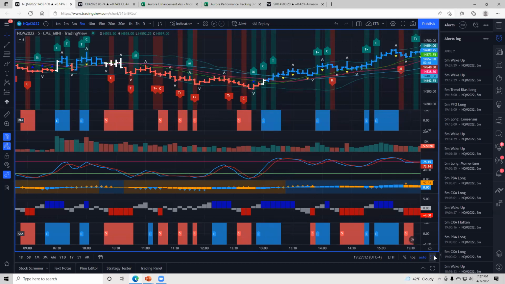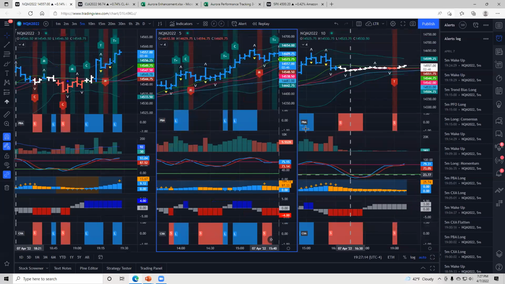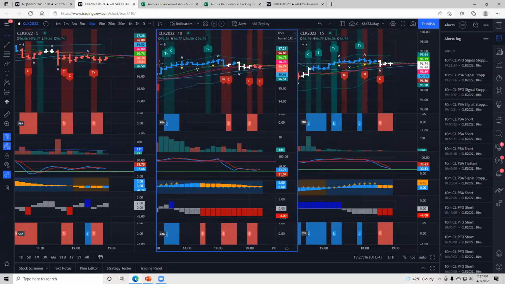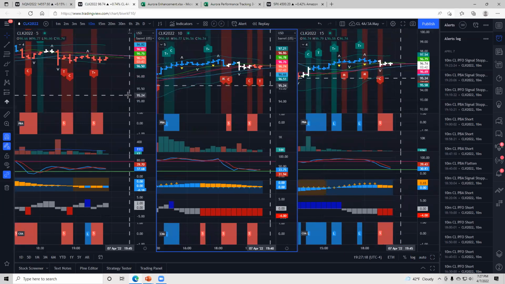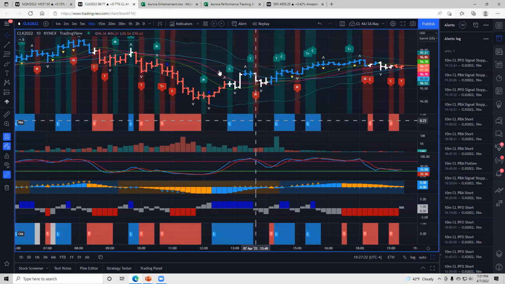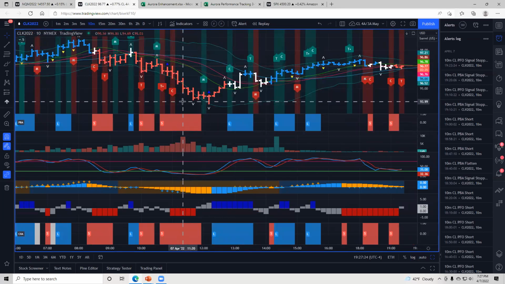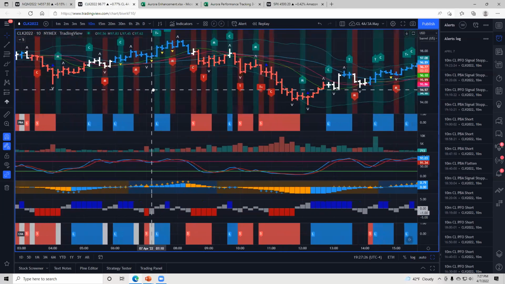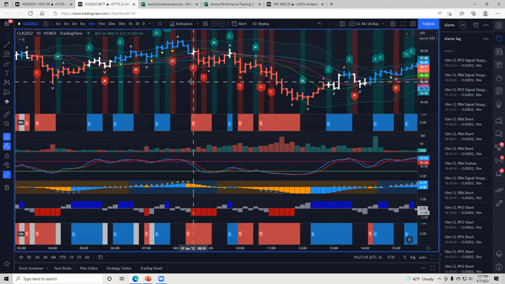Let's take a look at oil. I'm going to look at a 10-minute chart on oil, just kind of randomly going back here. Here we have a white price bar. We have a short PBA.